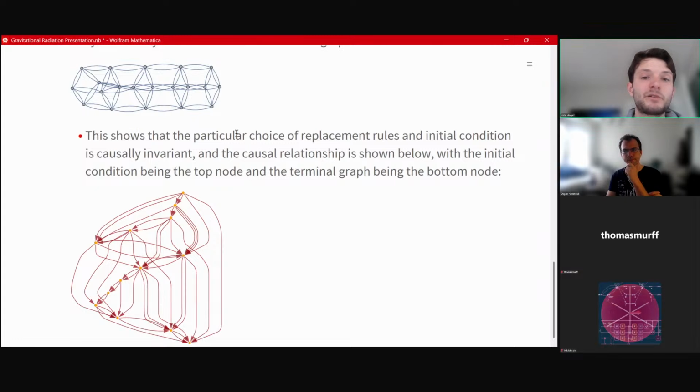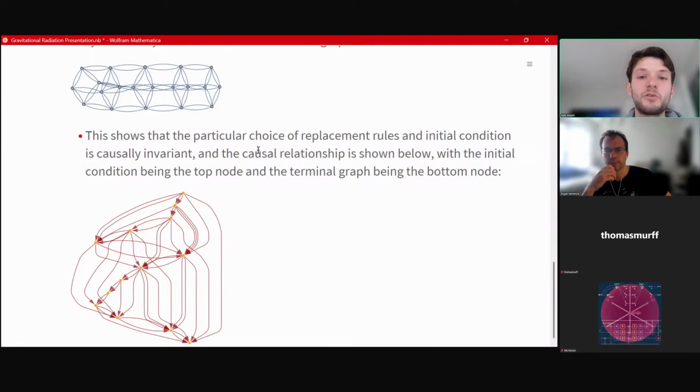And like I said, the particular choice of the order of replacement rules does affect the particular evolution that you get. But because you always end up at the same final graph, no matter what order you choose, that shows that, at least for this choice of initial condition, the replacement rule is causally invariant.